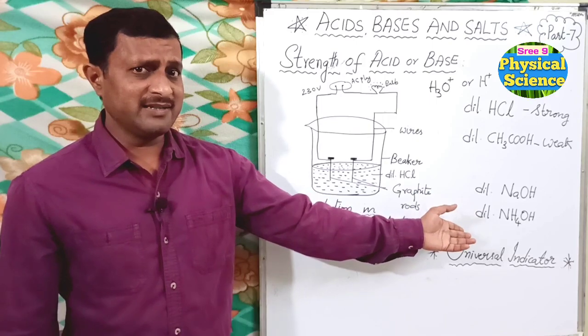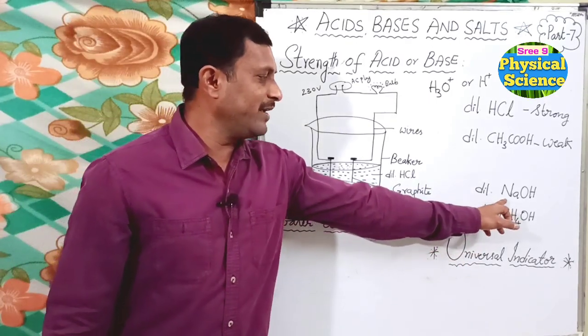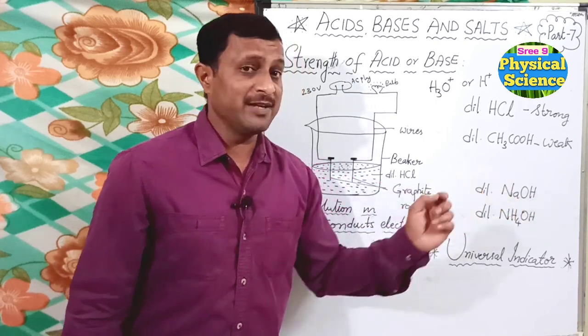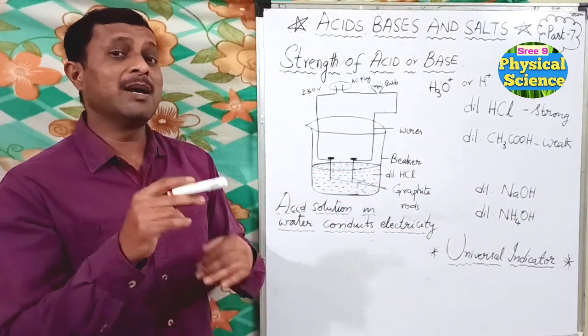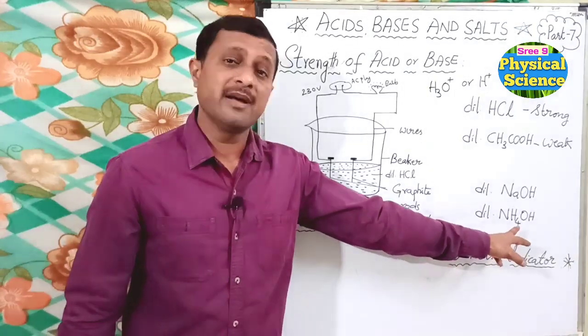If we pass electricity in both beakers, we see that in the beaker with NaOH aqueous solution the bulb glows with more brightness compared to the beaker with ammonium hydroxide.